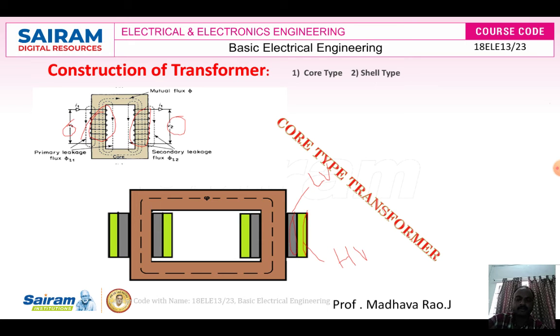The winding is surrounded by the core, and it has a single magnetic flux path. To reduce insulation cost, we use the low voltage winding near to the core, and the high voltage winding surrounded by the low voltage winding. Okay.